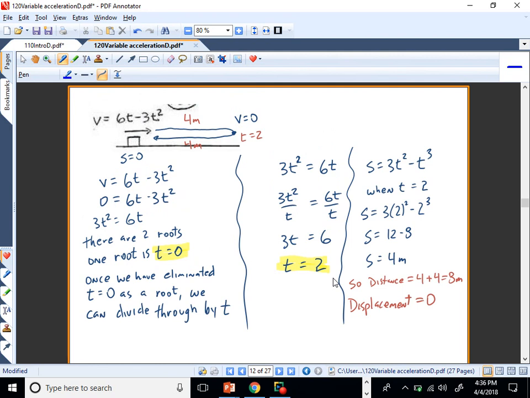All right, so I just plug in 2 for t because s is 3t squared minus t cubed. Plug in t equals 2. I get s is 4 meters. So the distance is twice that. It's 8 meters. Okay.